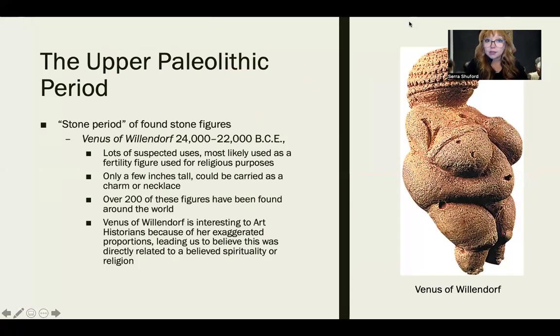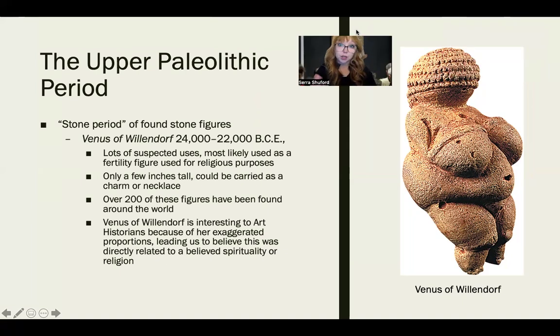Our next jump that we see here is in the upper Paleolithic period, because these periods of history last thousands of years. It's not just a few years. The upper Paleolithic period is known as the stone period of found stone figures. We see a lot of these, and our most well-known one is probably the Venus of Willendorf.